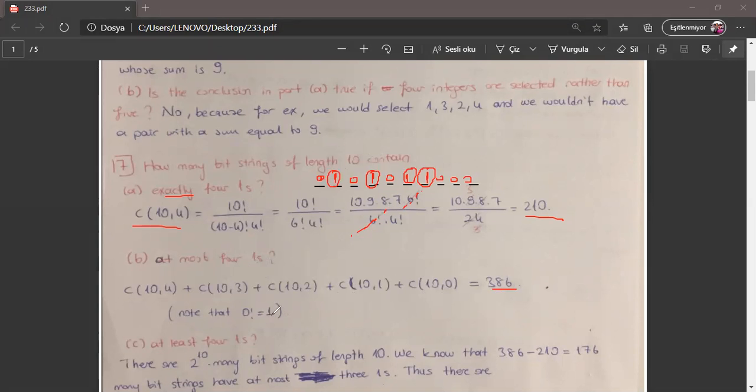Remember, 0 factorial is 1, so this is, for example, 10 factorial over 10 minus 0 factorial, which is 10 factorial, times 0 factorial, okay? So we simplify them. We have 1 over 0 factorial. By definition, 0 factorial is 1, so we have 1, okay?